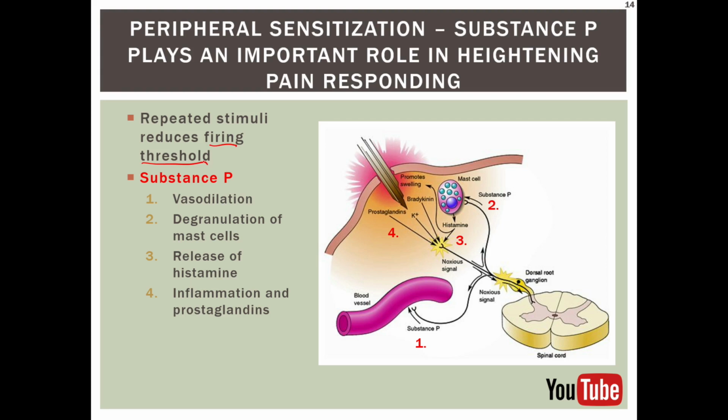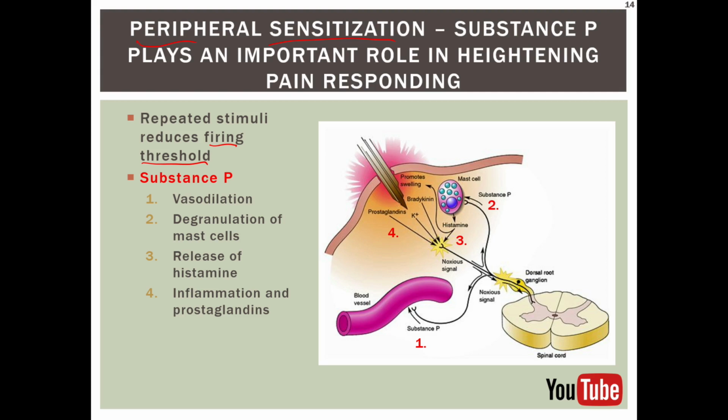That means it becomes easier for a pain-conducting neuron to fire and conduct the painful stimuli. Peripheral sensitization, as we call it, is when there's this repeated stimulation that causes reduced firing threshold to allow an area to have more heightened pain response.